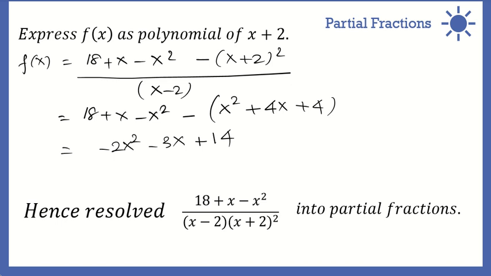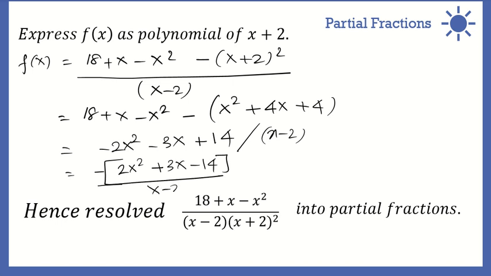Now we have to find the factors, but there is a denominator x minus 2. To find factors, it is easy to take the minus out. Then you have 2x squared plus 3x minus 14 over x minus 2. Now we'll try to find the factors here. We assume we have factors: this part should be 2x, and this is x.